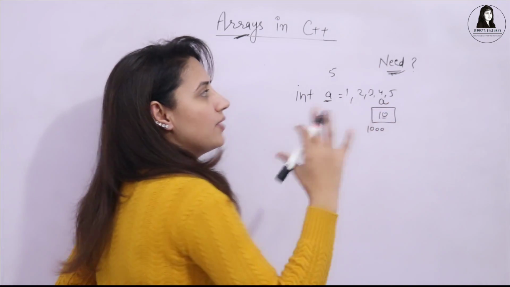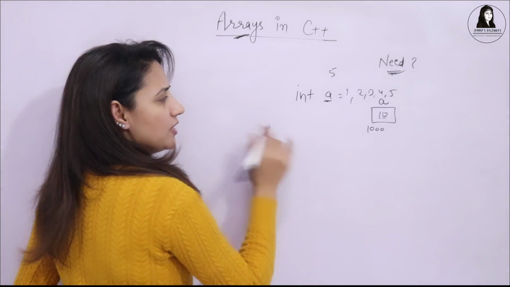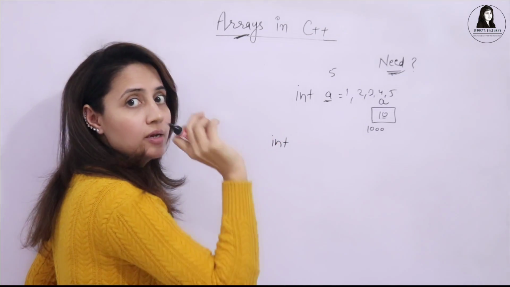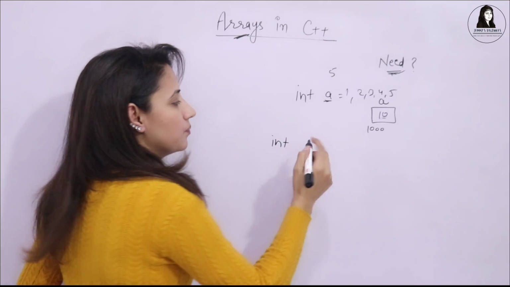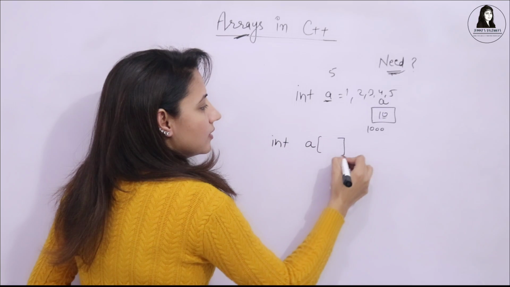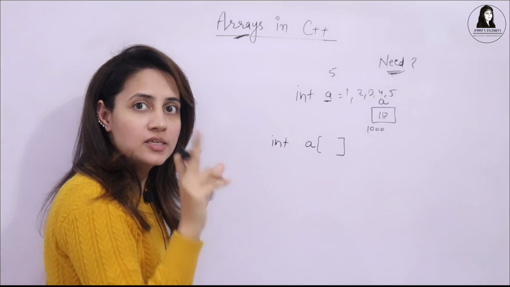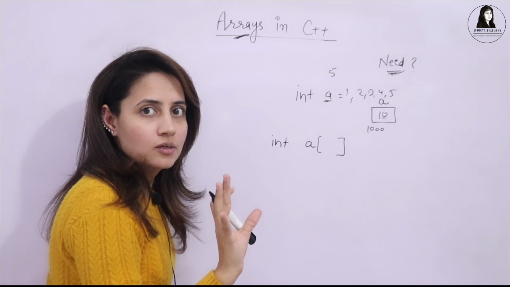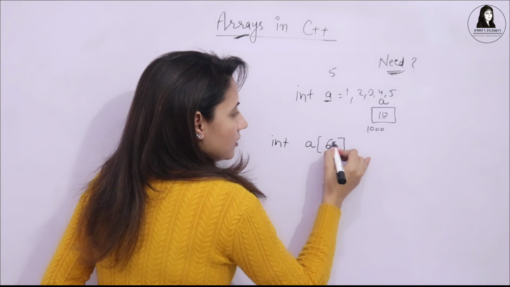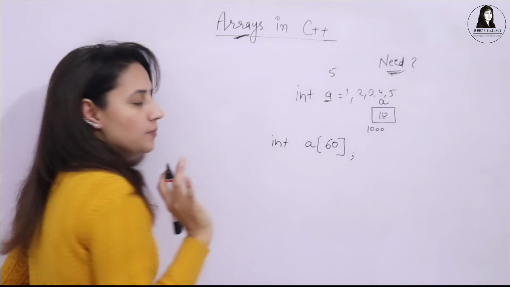Now how to declare arrays? Simple, we write the data type first, suppose int, then the array name, suppose the same a, and in brackets the array size. So I want to store the roll numbers of 60 students, so just take size 60.